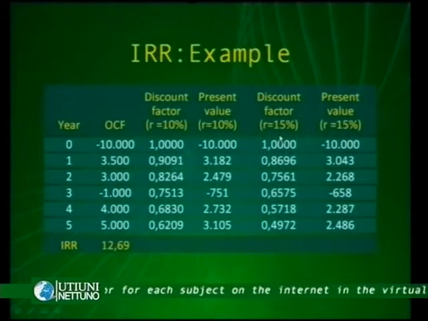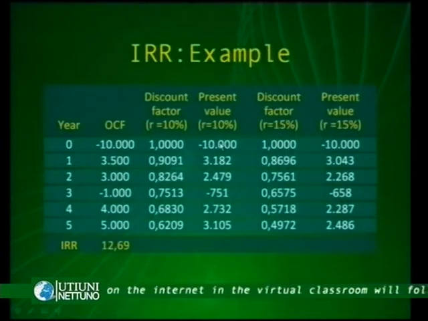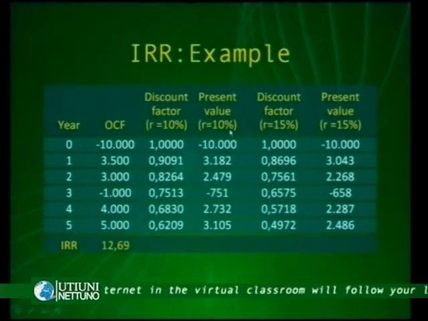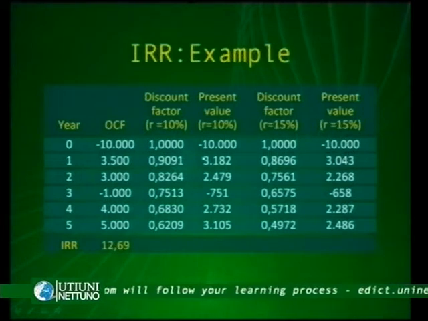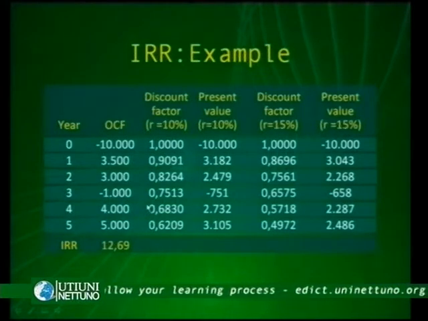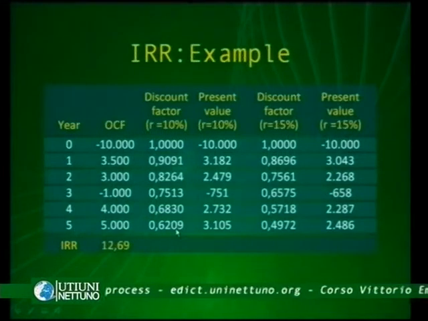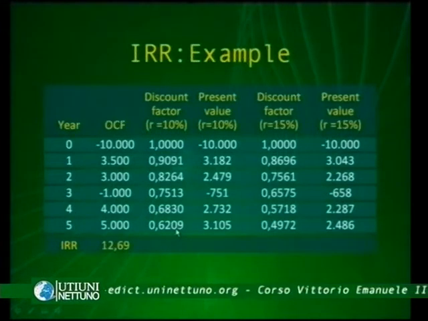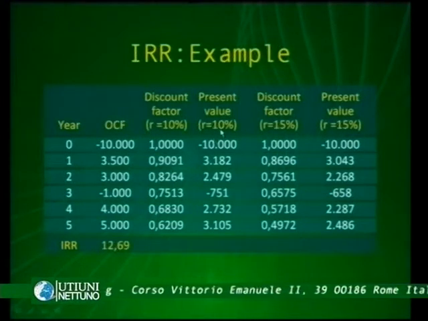The fact that in this column I discount the cash flows at a rate of 10%, and here at a rate of 15%, has no implication for the calculation of the IRR, because the IRR is calculated on the operating cash flows before discounting. So there is no effect on the IRR calculation of using a different discount rate.